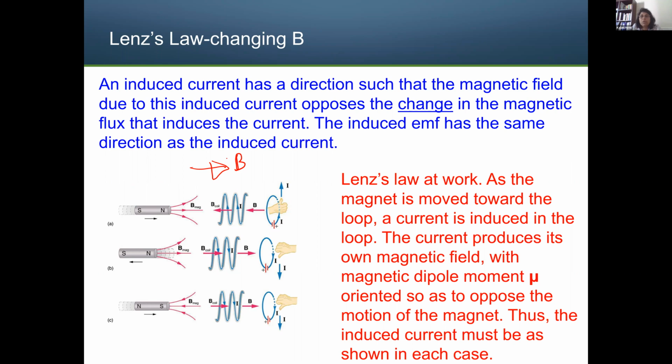So now the coil tries to oppose this process by creating magnetic flux in the opposite way. That means creating a magnetic field in the opposite direction. This is the original magnetic field, and this is what the coil tries to create, right? To create the magnetic field, we know the coil should carry a current. That current we call the induced current, and that voltage we call the induced voltage.